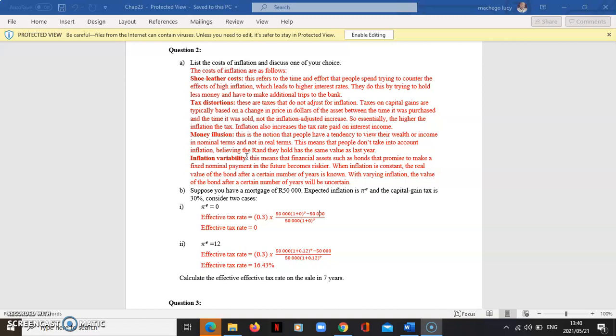Inflation distorts prices. Business people make decisions on the basis of many factors, for example, revenue, cost of inputs, dollars of profits, and so on. To make good decisions, business people must have accurate information.